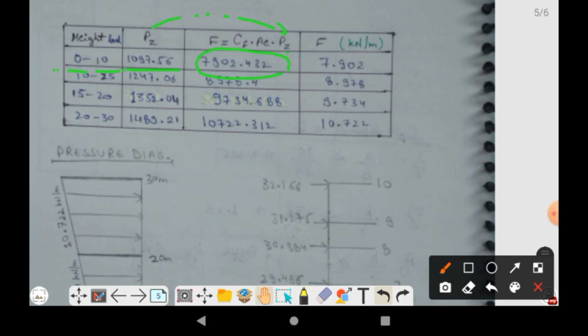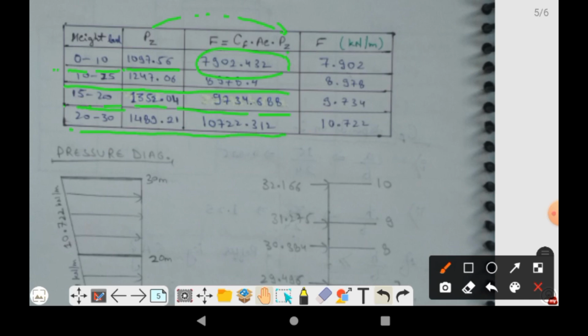For different levels of height we would be able to find the different value of F, that is the design wind load. Again for 15 to 20 meter, that will be 9734.688. For 20 to 30 meter level of height, the design wind load will be 10722.32.